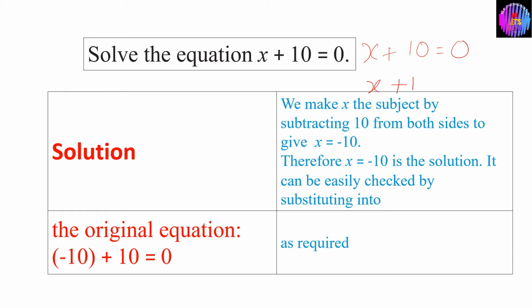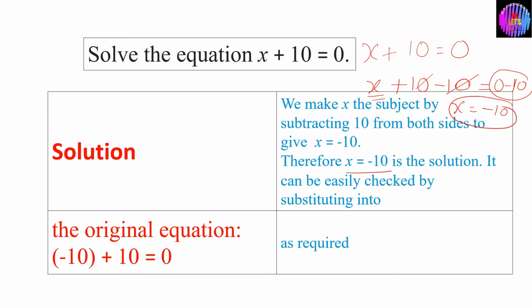Look at the equation: x plus 10, subtracting 10 from both sides, 0 minus 10. The plus 10 and minus 10 cancel, and only x will be on the left-hand side. Here 0 minus 10 is equal to minus 10, so we get x is equal to minus 10.